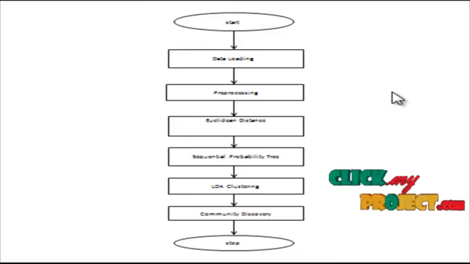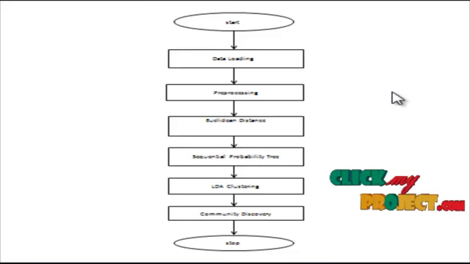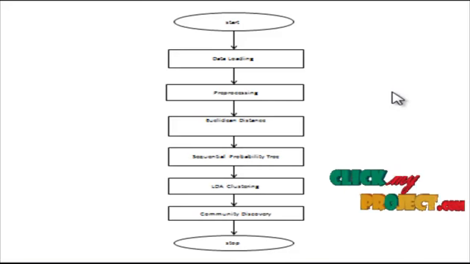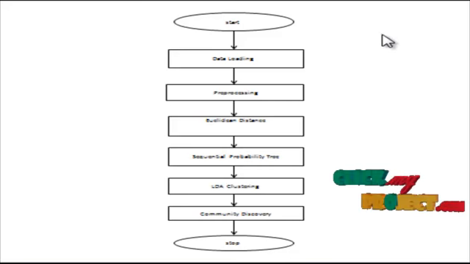After that, we formulate the sequential probability tree. After constructing the sequential probability tree, we apply latent Dirichlet allocation clustering for finding the communities. Finally, the user can get the community by following the trajectory information.